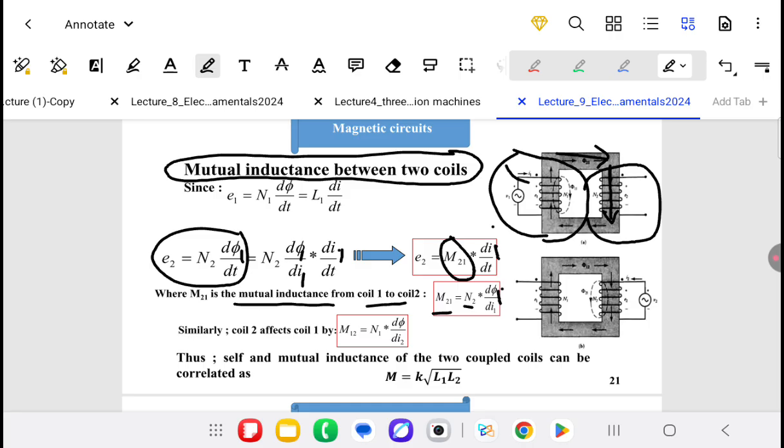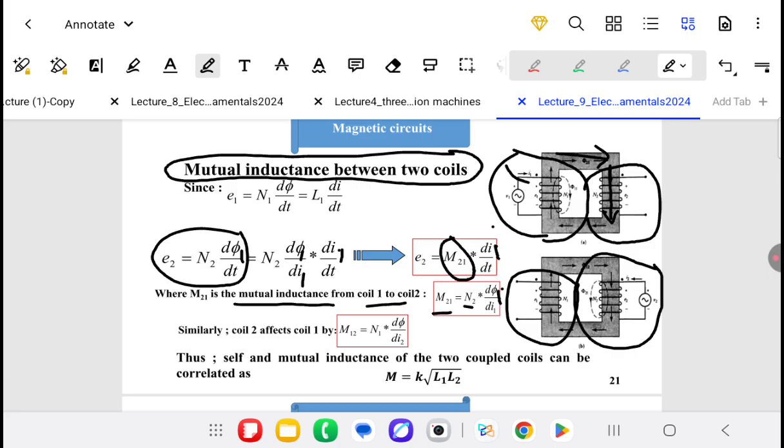Similarly, if we connect the supply to the other coil, the secondary coil having number of turns N2, then a current I2 will pass, producing a flux phi 2. This flux will link the number of turns N1 and produce an induced EMF in it, which is called E1.